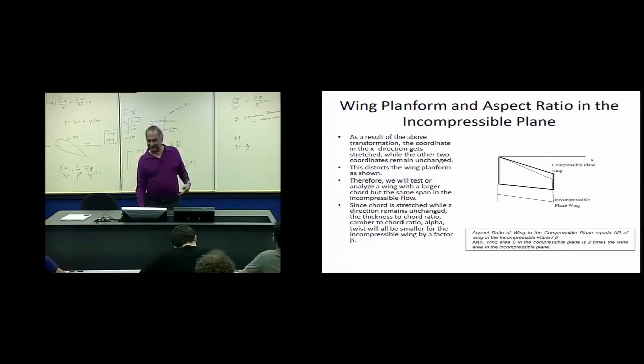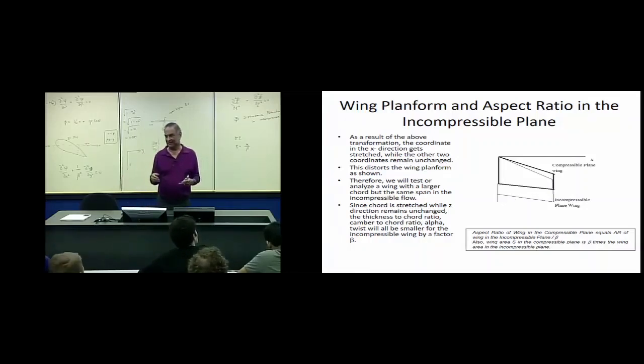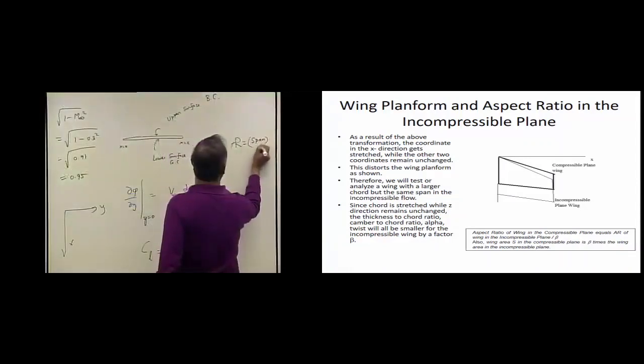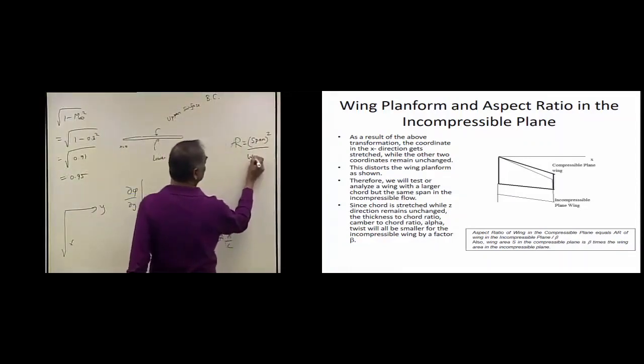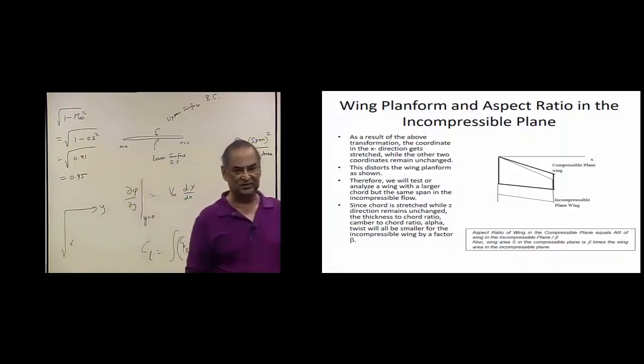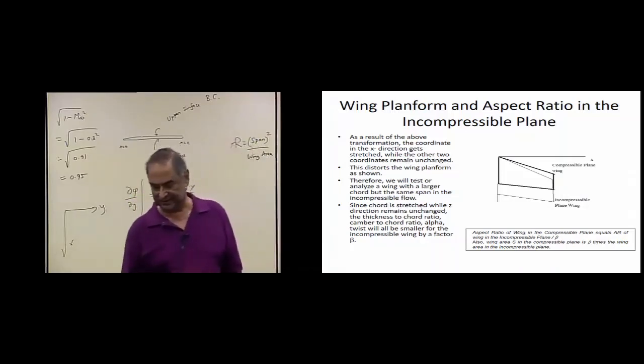But because the wing area has changed, the compressible wing has got a lower aspect ratio than the incompressible wing. Okay. So compressible wing aspect ratio is beta times incompressible wing aspect ratio. So aspect ratio is span squared divided by wing area. Span stays the same, wing area increases because of Gothert's rule, Gothert's transformation. Right?